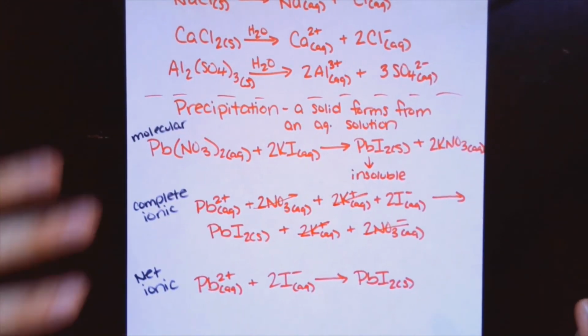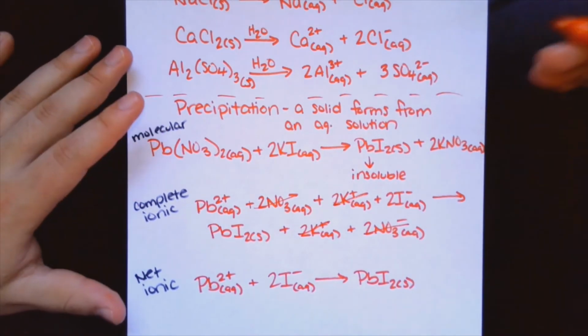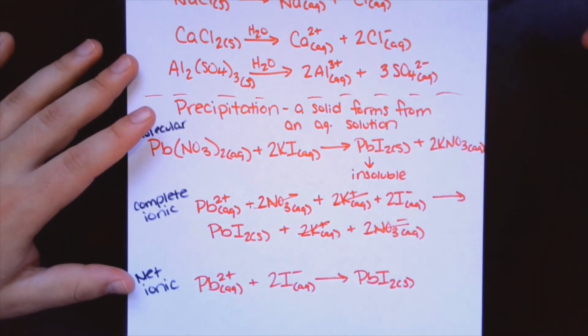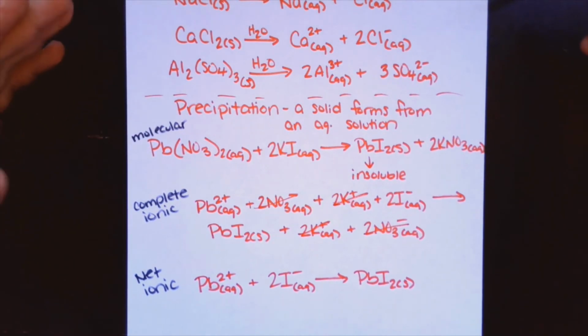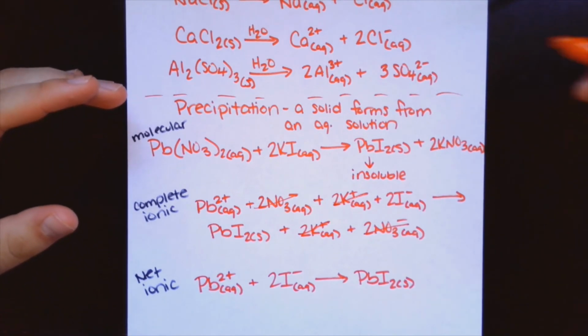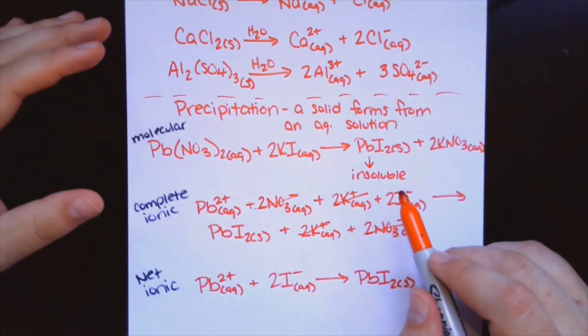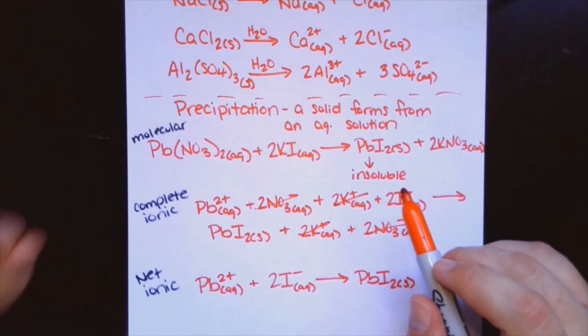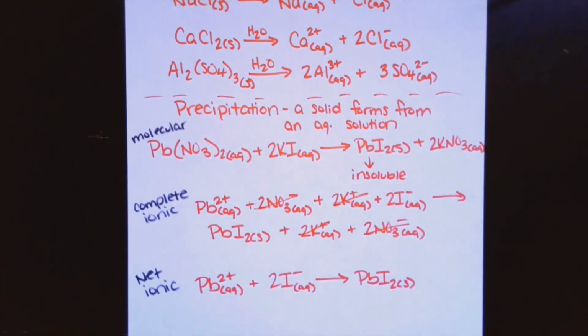Some of the rules will say something like, this is soluble unless it's paired with these specific ions. So that means that it will be soluble in most cases, but if it's paired with one of the specific exceptions, then it becomes insoluble. And if something's insoluble, remember, that's when it is a solid. If something is soluble, that means that it's aqueous.